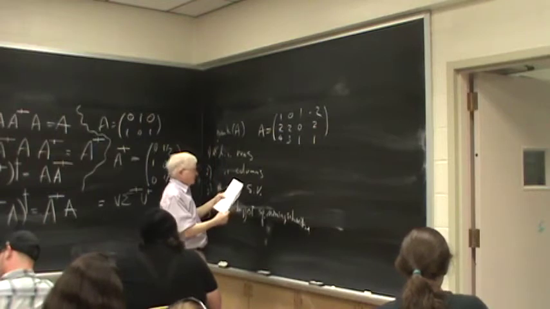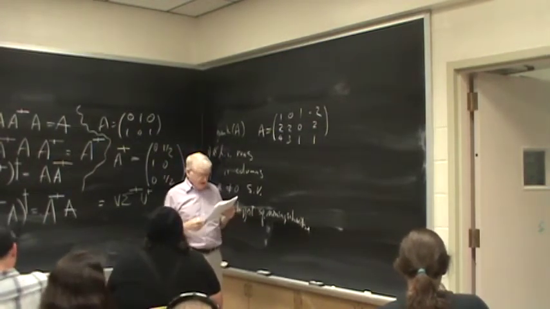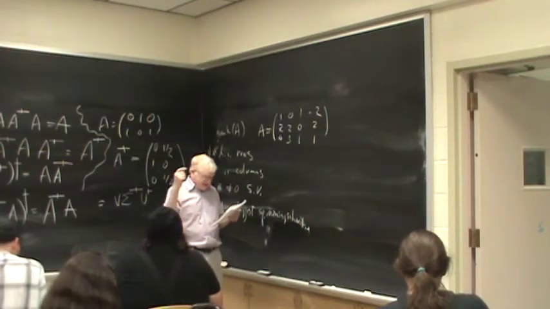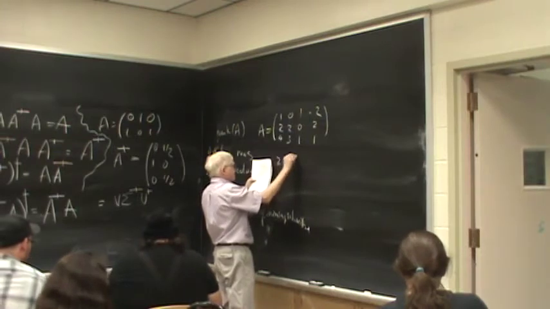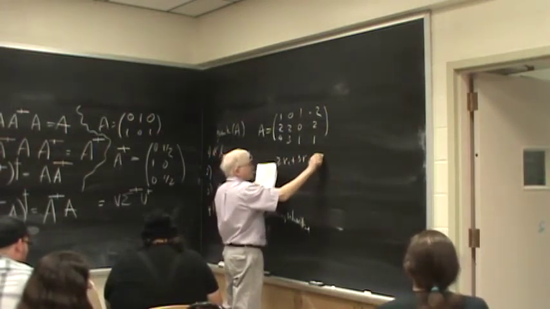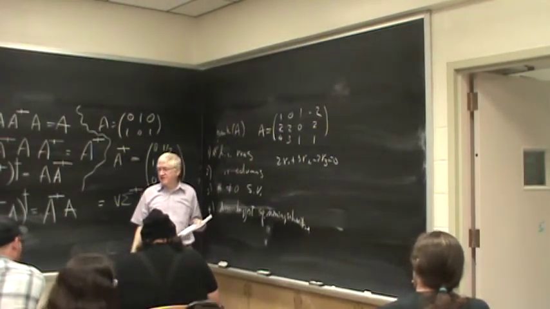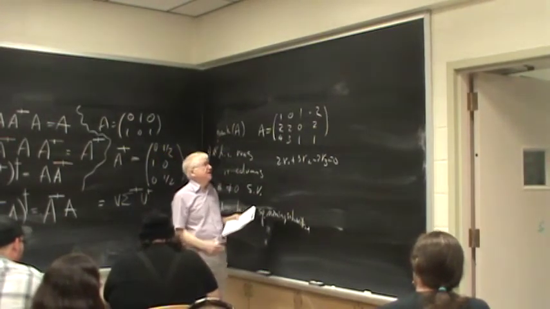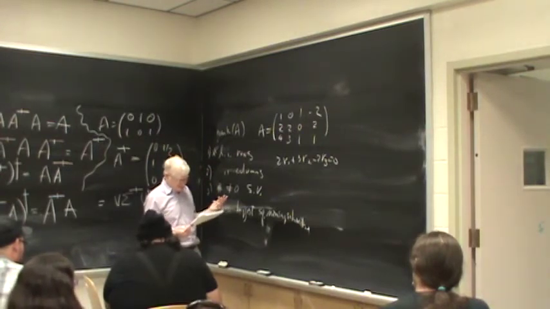It has 3 rows, so the rank can be at most 3. On the other hand, 2 row 1 plus 3 row 2 minus 2 row 3 is 0. So the rows are linearly dependent, which means the rank can be at most 2. And in fact, it is 2.